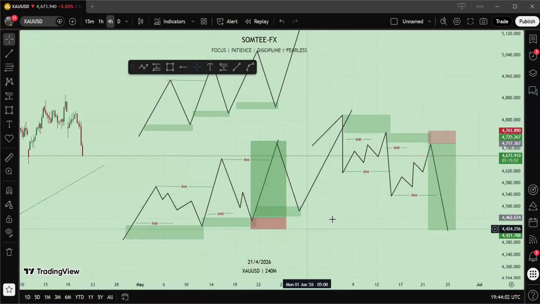Are you seeing it now? You always buy from the demand zone, then your stop loss should be beneath the demand zone.